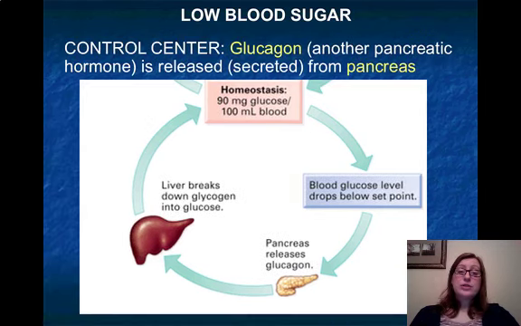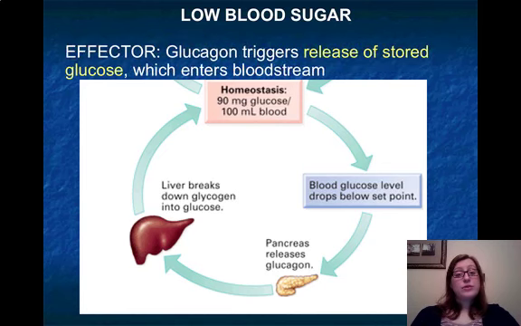Again, in the control center, it will be the pancreas, but this time, we're not going to release insulin. We're going to release a different hormone called glucagon, and it's going to be released from the pancreas. And the glucagon is going to travel directly to the liver. Once it gets to the liver, it's going to encourage the liver to release all of that stored glucose.